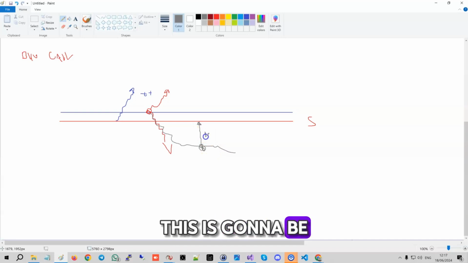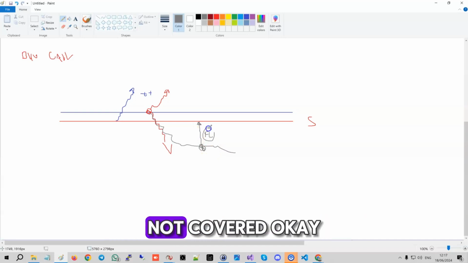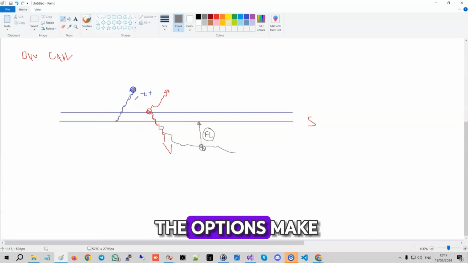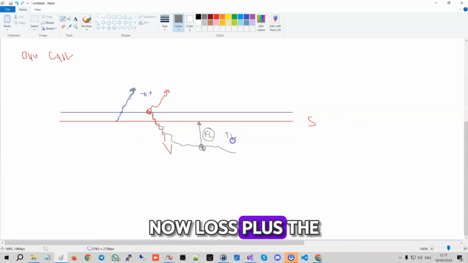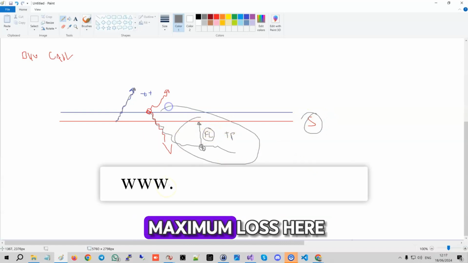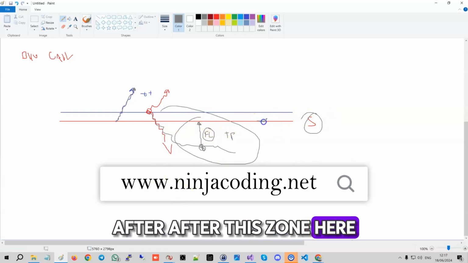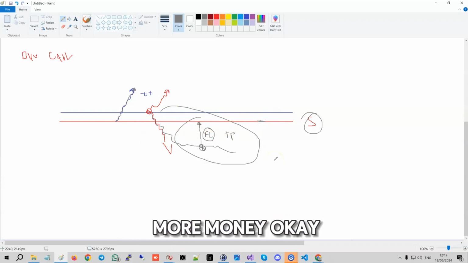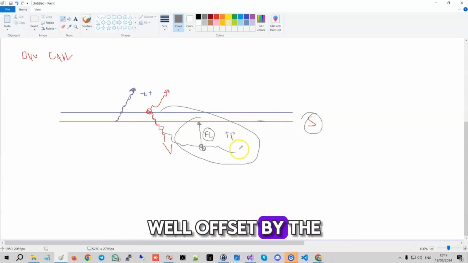So this is going to be your futures contract loss, not covered by the profit that the options make. Now, that loss plus the premium you paid for the option is still your maximum loss here. After this zone, you won't lose any more money, offset by the premium paid.